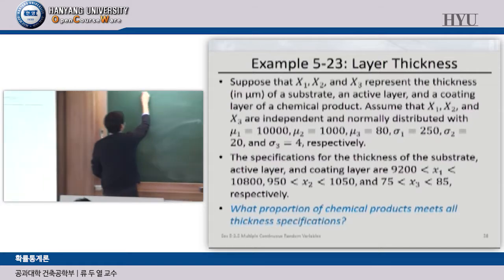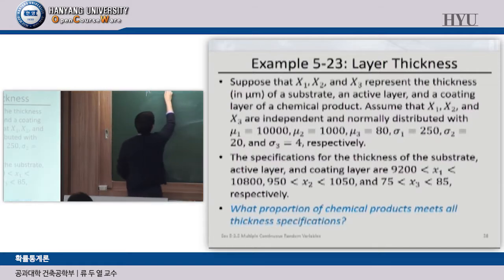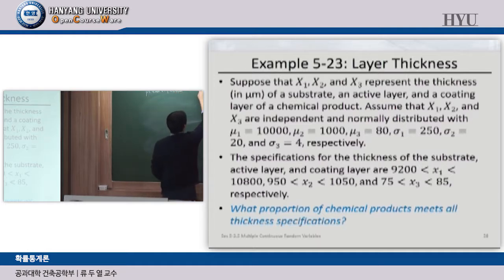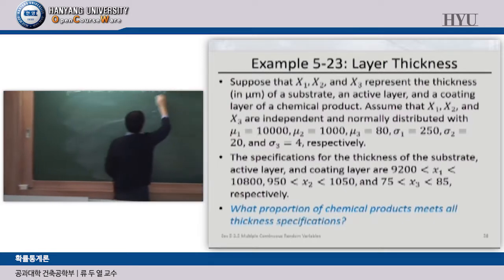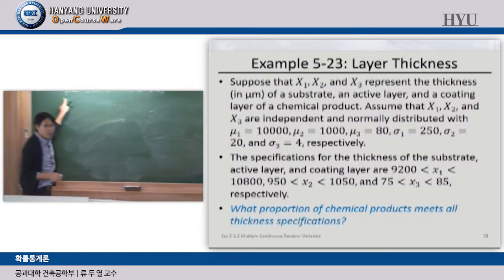So we need to calculate the probability that X1 is between 9,200 and 10,800, and X2 is between 950 and 1,050, and X3 is between 75 and 85. So we need to calculate this probability, right?